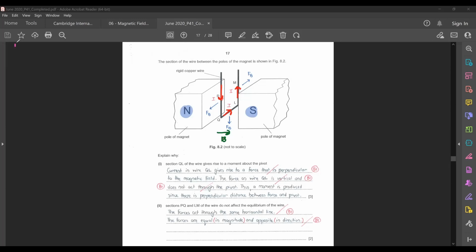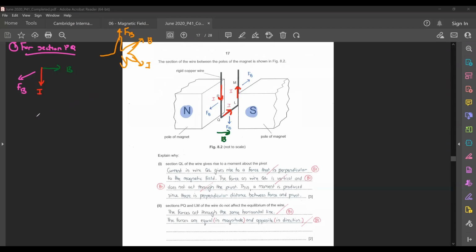So right now, if I'm talking about section PQ, since my current direction is going downwards, and then my magnetic field is going towards the right, like this, if I were to apply Fleming's left-hand rule again, where my thumb represents the magnetic force, my index finger represents my magnetic field, and finally my middle finger represents my current, I would be able to determine that my magnetic force will actually be acting in this particular direction.